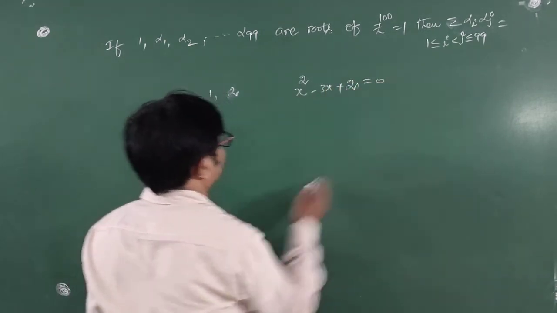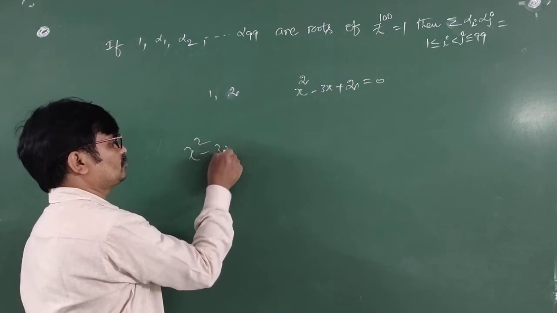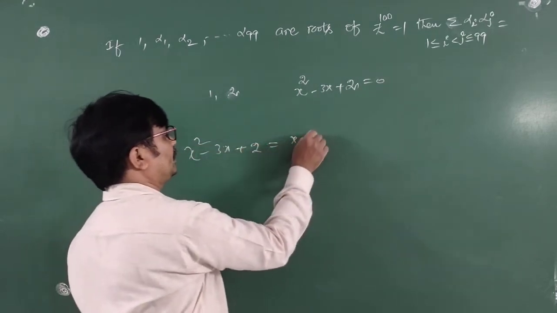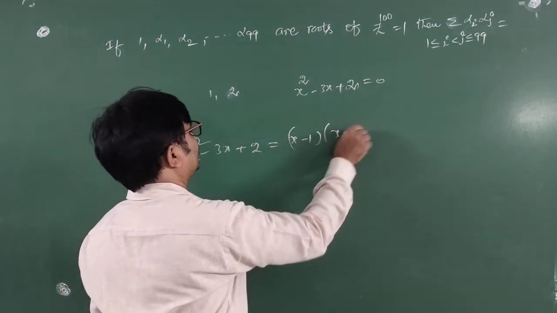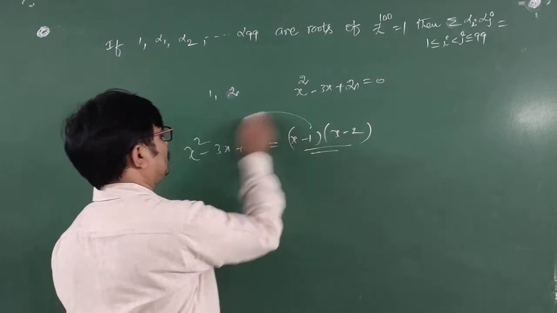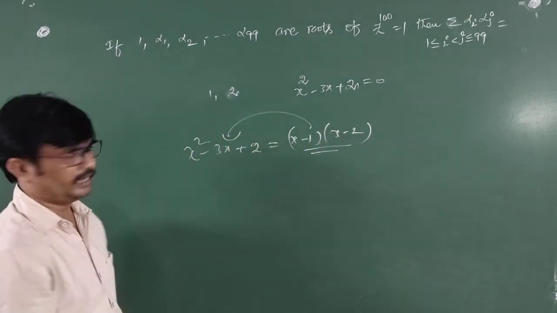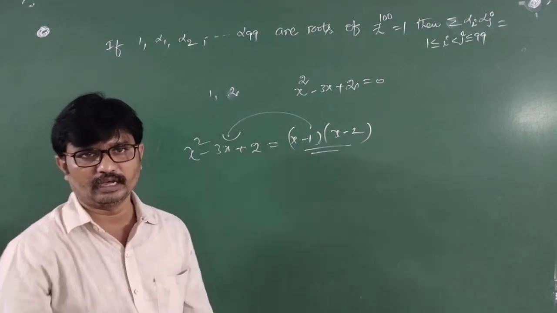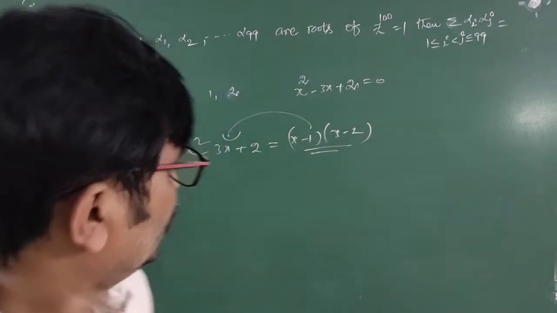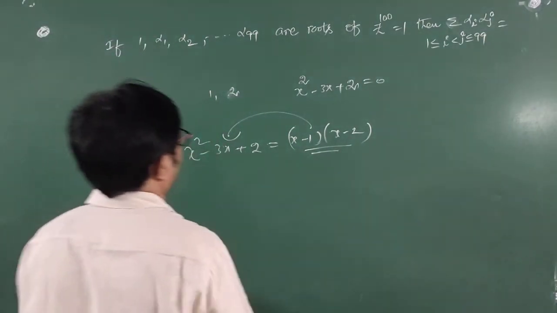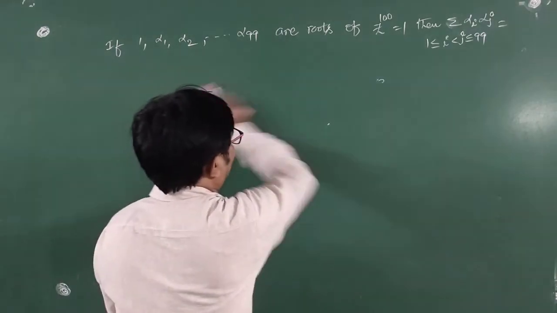The x square minus 3x plus 2 can be written as (x minus 1) into (x minus 2). When we multiply this out, we get x square minus 3x plus 2. That is the meaning of 1 and 2 being the roots of the equation x square minus 3x plus 2.